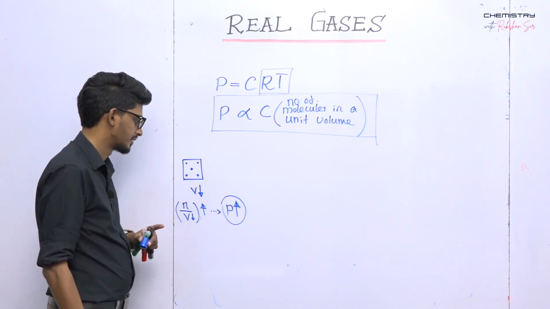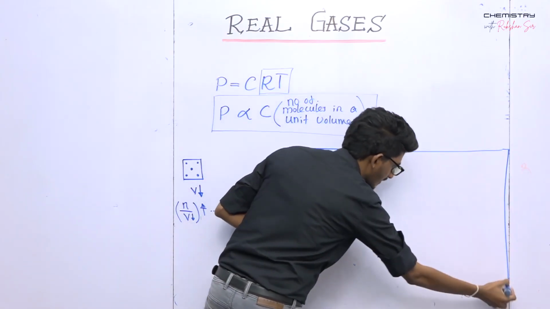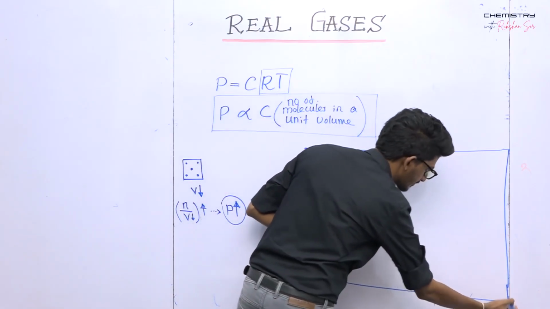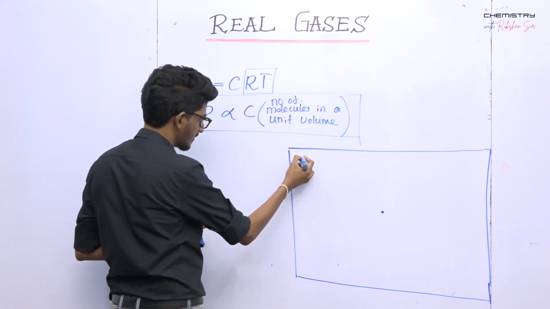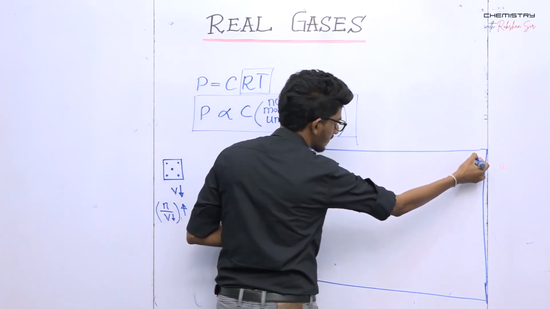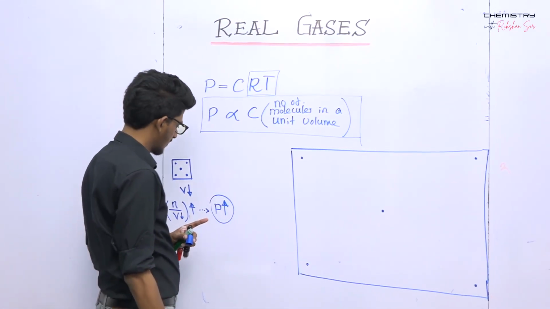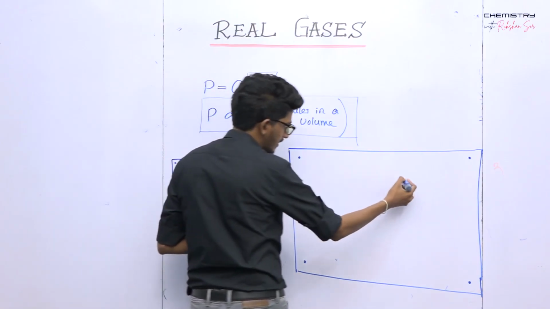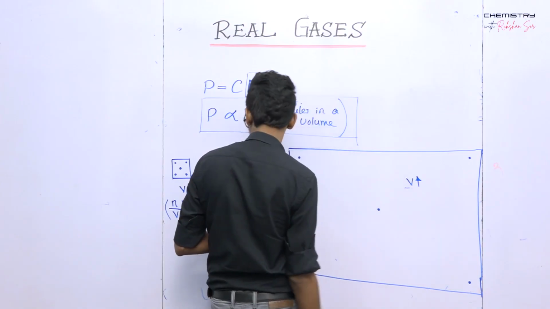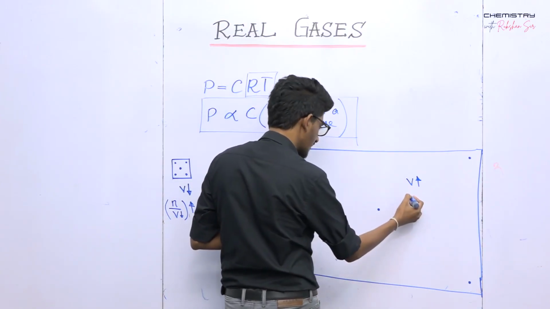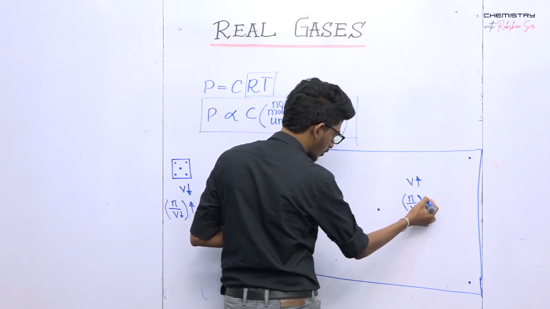Let's consider the same 5 molecules in this large volume. Here the volume is very high, so N over V, the number of molecules in unit volume, is very low.